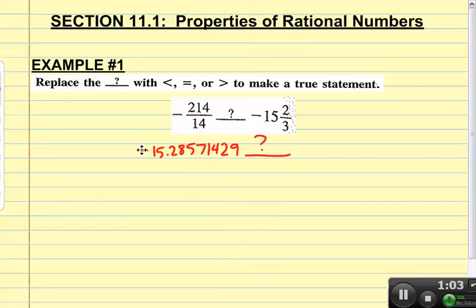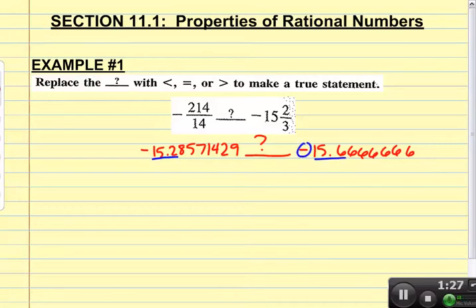Remember, I don't have to add or subtract this with anything, so I don't have to worry about these repeating decimals. I'm just comparing them. Well, I don't even need my calculator for this one. It's going to be negative 15.66666666.